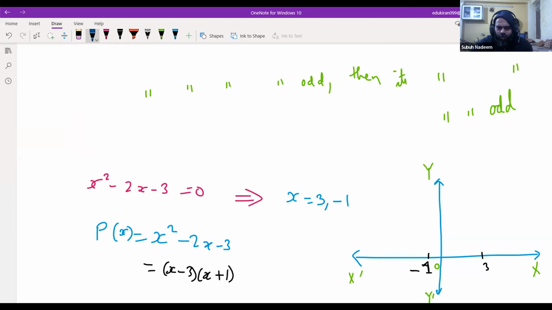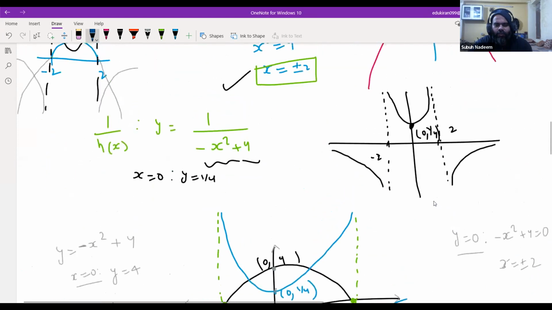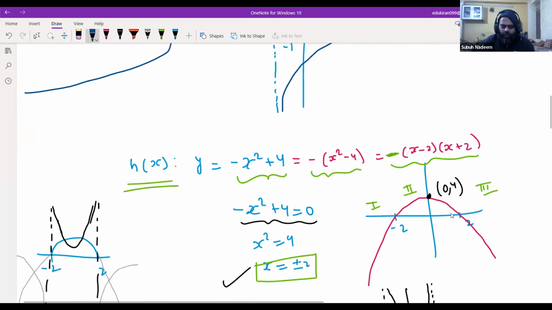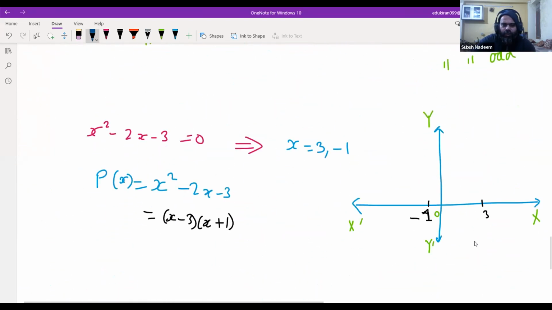In the above case, we started with three regions. This was negative because it was minus x square plus 4. The coefficient of x square was negative, so it started with negative. If the coefficient of the higher term is positive, then we start from positive, above the x-axis.